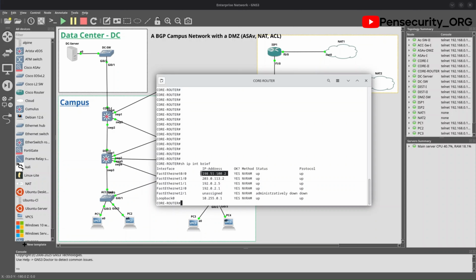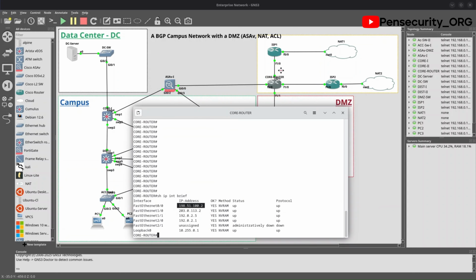This is the IP address that goes directly to ISP1. Then this is the IP address that goes to 1/0, which goes to ISP2. Then this is the IP address that goes to the firewall. And then this is the IP address that goes to the other firewall down here.